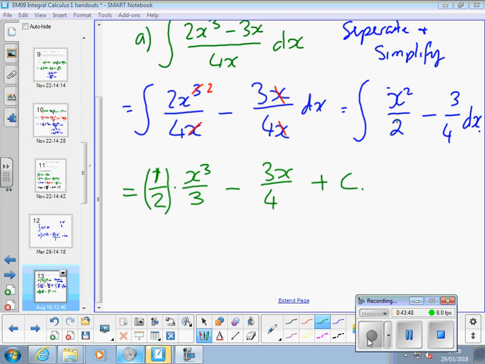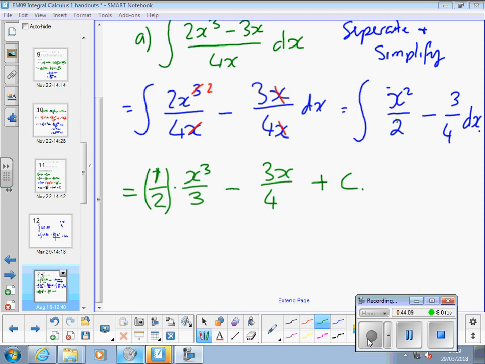Where did you get this 3 from? Which 3? Because 3/4 is a constant, 0.75 if you fancy it that way.